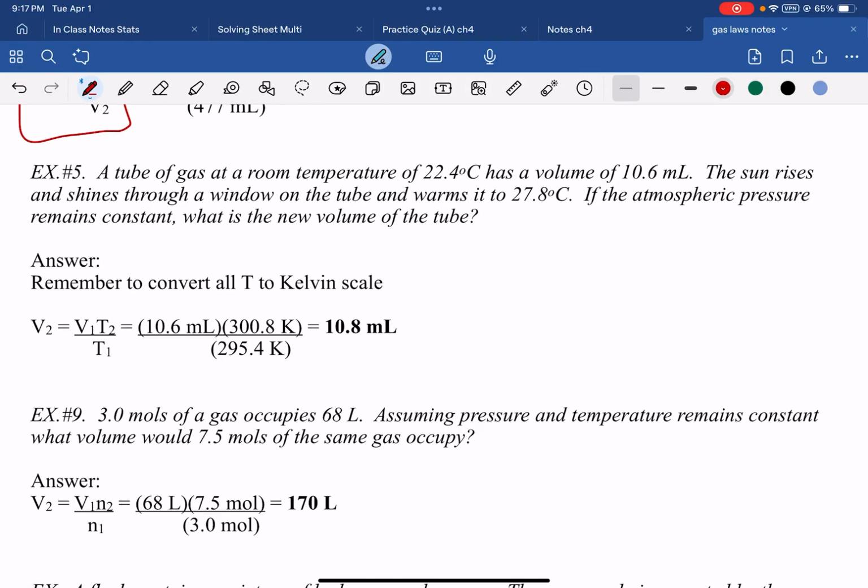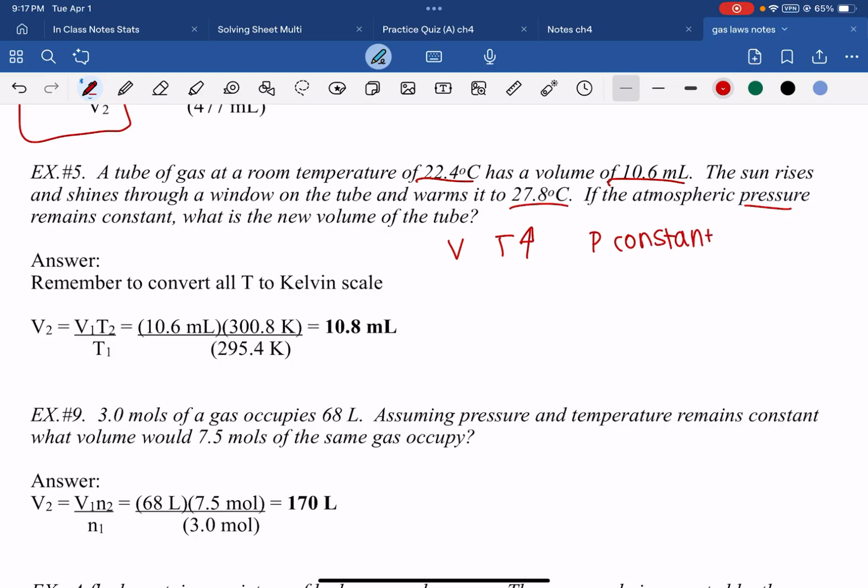This question talks about a tube of gas at a room temperature of 22.44 degrees Celsius, volume of 10.6 milliliters, and it talks about a temperature increase. So we know that temperature is not constant, but the pressure remains constant, and we need to find a new volume.